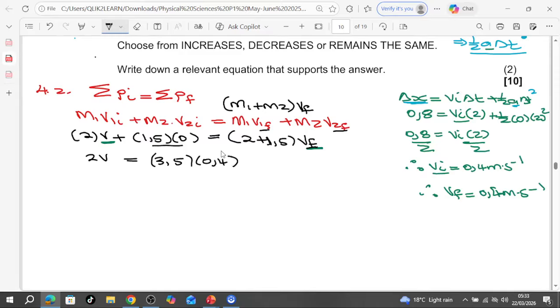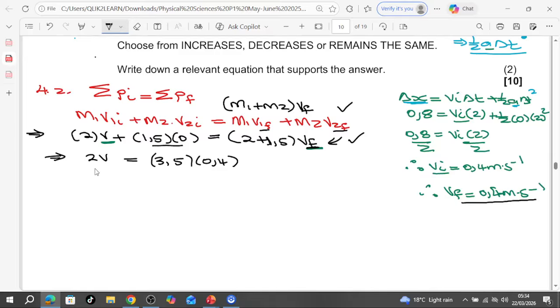Now I think you know what you need to do just to be on the safe side. After finding this, come back and substitute it here, because there might be a mark for the formula, and they'll give you a mark for the correct substitution. So come back and substitute it here before you do that step.